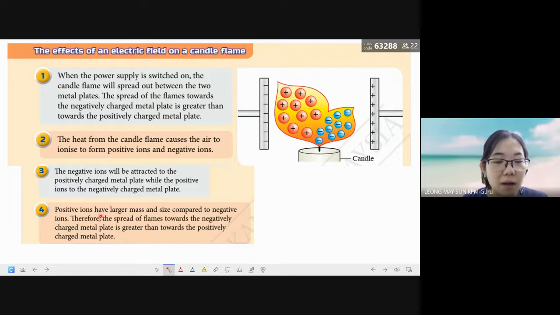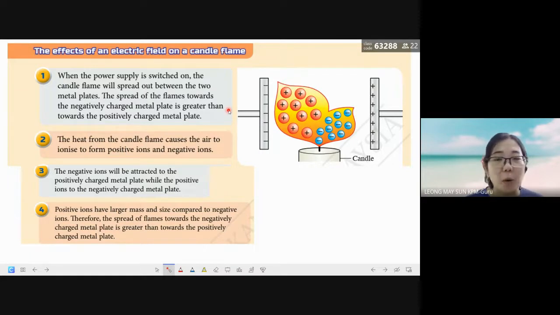So positive ions have larger mass. If you recall, the mass of a proton is around 1.67 times 10 to the power of negative 27 kg. But an electron has 9.11 times 10 to the power of negative 31 kg. That's about 10,000 times different.